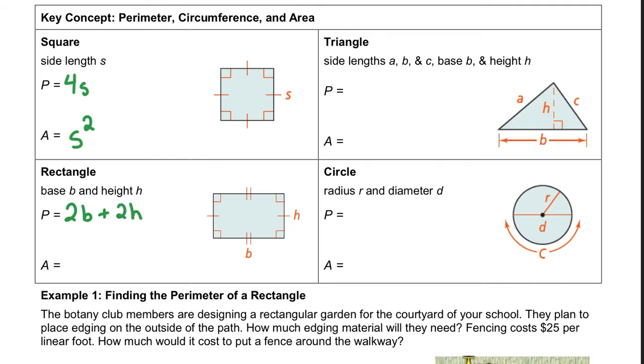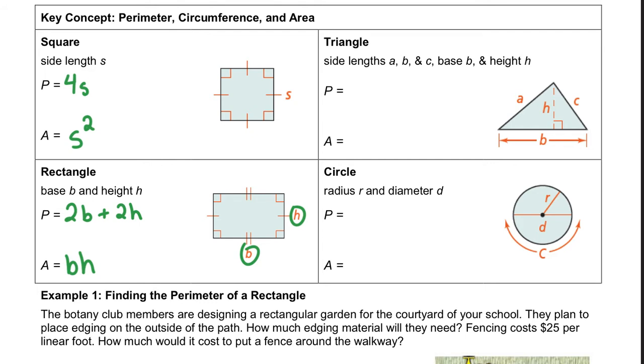Okay, that's the perimeter of a rectangle. The area of a rectangle is length times width, base times height, whatever you want to call it, but it's the 2 side lengths times each other. So squares and rectangles are very similar. They have a lot of the same properties. Their formulas differ a little bit.